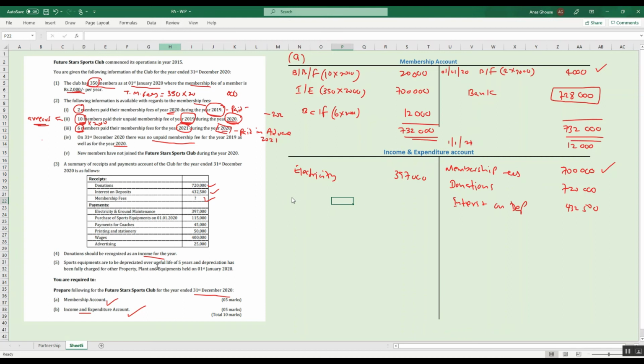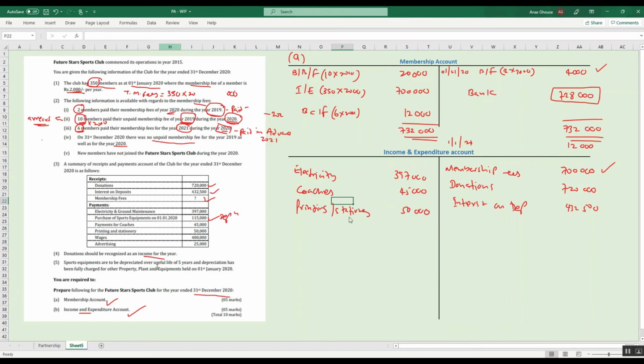Then purchases of sports equipment, this is an asset, so we need to calculate depreciation on this. Payments for coaches 45,000. Then we have printing and stationery 50,000.